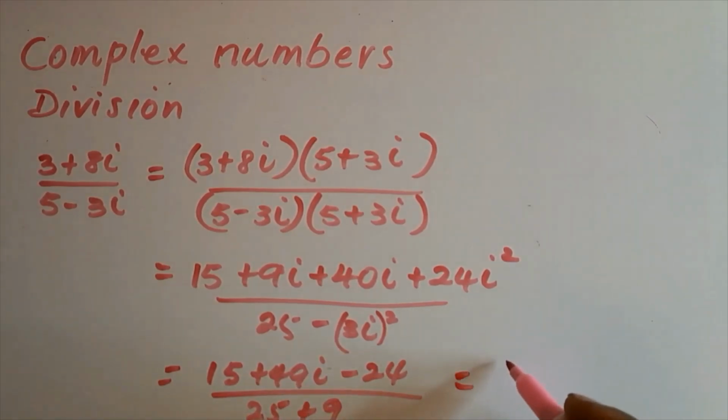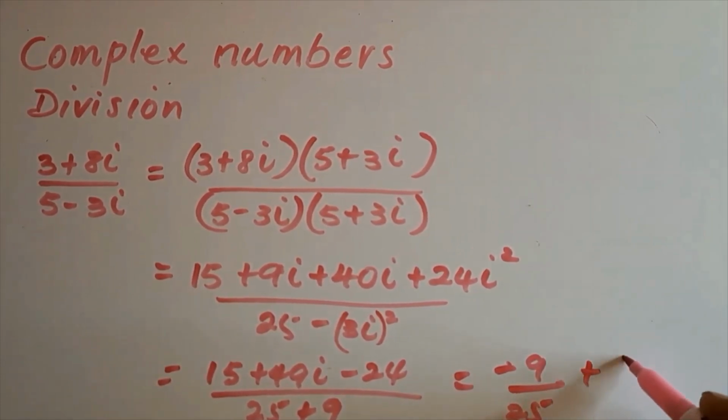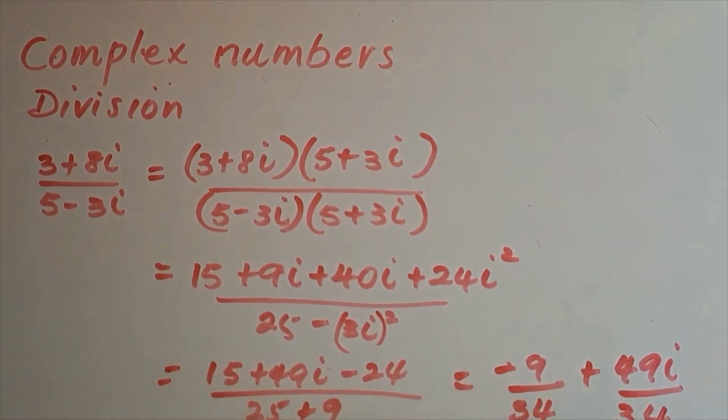And this gives us minus 9 over 34 added to 49i over 34.